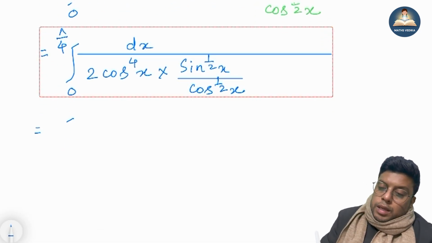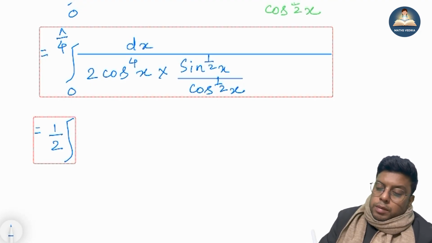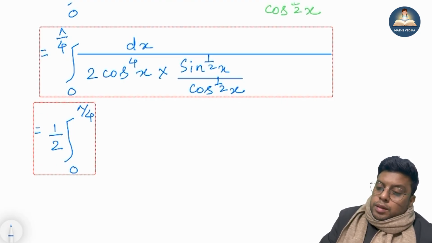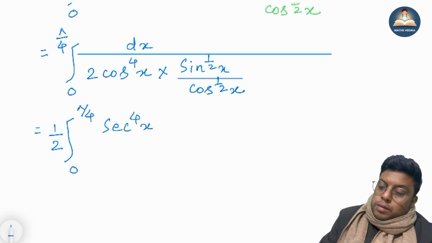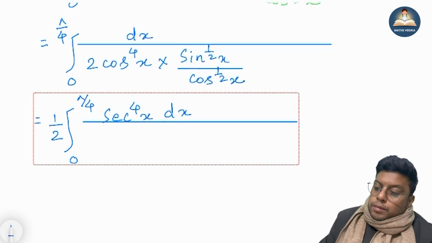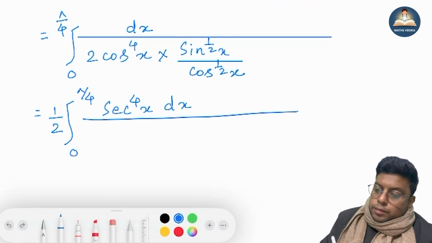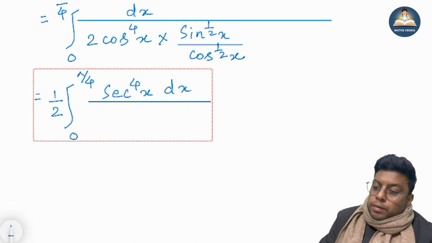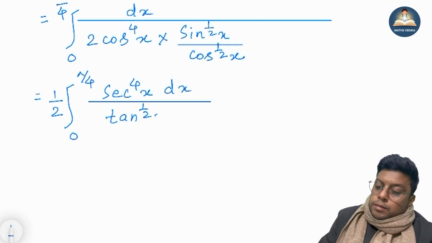Now this can be written as 1 by 2 taken out from the integration sign, from 0 to pi by 4. 1 by cos to the power 4x can be written as sec 4x dx divided by, sin half x by cos half x will be equal to tan half x.